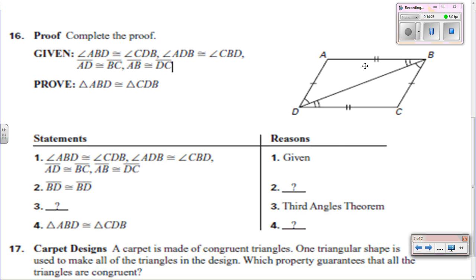AB is congruent to DC. We need to prove that the two triangles are congruent. All of this was given information. Then how do we know BD is congruent to BD? Well, anything that's congruent to itself is always going to be the reflexive property.